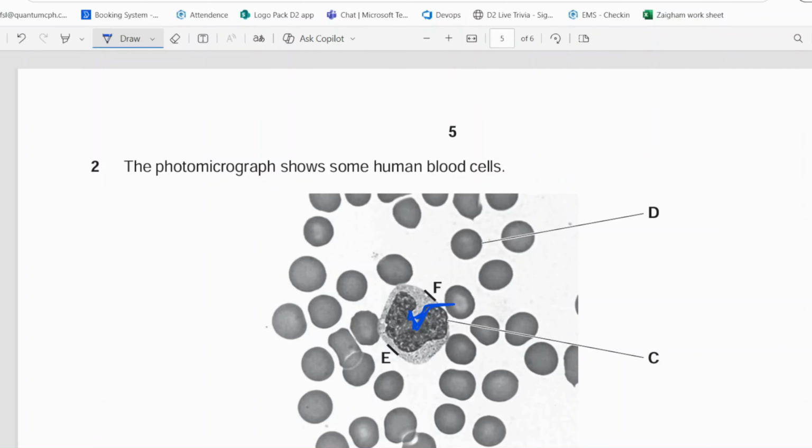Next difference, that we have done: C contains a nucleus, D doesn't.